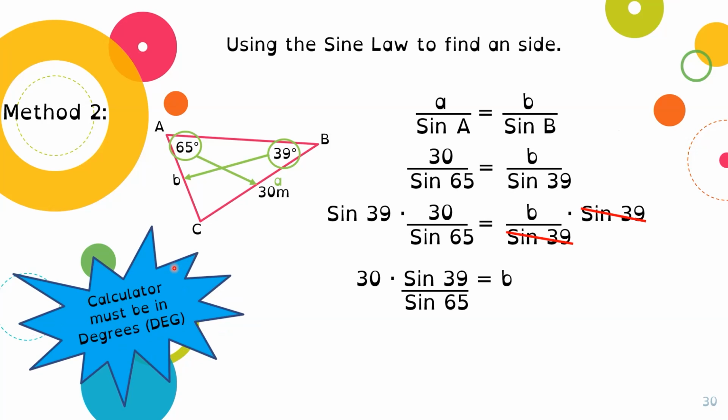So we don't have to do any more rearranging. We have it all by itself. So b is equal to 20.8 meters, which is exactly the same thing that we got the other way, but I had to do less rearranging, which makes our lives a little bit easier. Again, calculator must be in degrees.